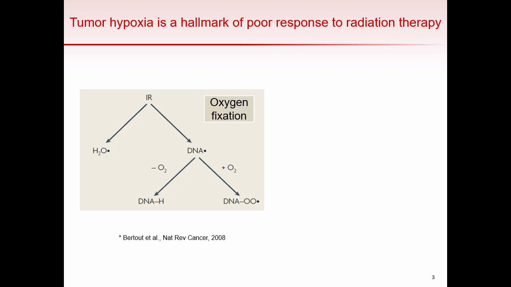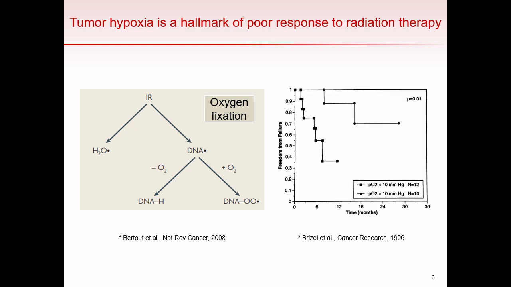However, in the absence of oxygen, this free radical will be reduced to its original form, and the cell eventually will be allowed to repair itself. That's why patients with hypoxic tumors tend to be more resistant to the treatment and survive less, whereas patients with a considerable amount of oxygen in their tumors tend to be sensitive to the treatment.